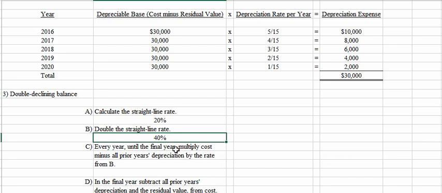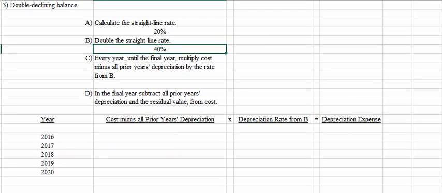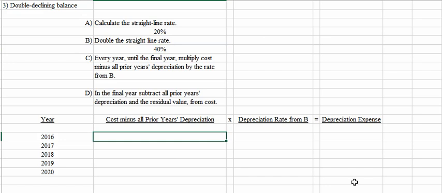And then they tell us what? Every year until the final year, multiply cost minus all prior years' depreciation by the rate from B, which is 40%. So let's do that here. 2016 cost minus all prior years' depreciation. Well, at this point we haven't depreciated the equipment at all, so our cost was 33,000. It's the easiest place to miss that one.